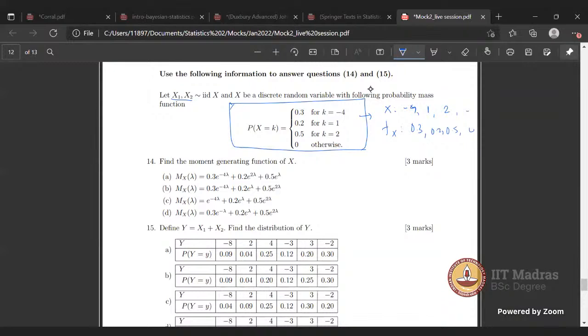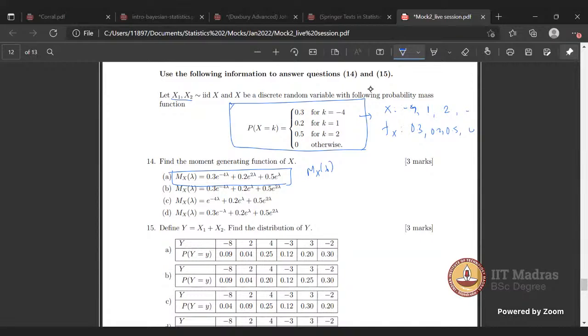We know that the moment generating function gives a unique distribution. If MX of lambda is written in this form, then this term will give you what values x is taking and the probability of each of those values. If I look at the first MX of lambda, it says x is taking the value minus 4 with probability 0.3.